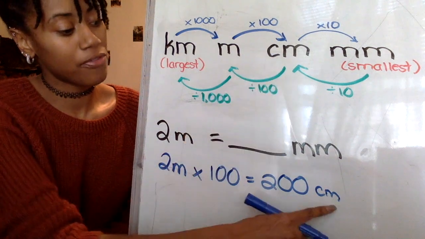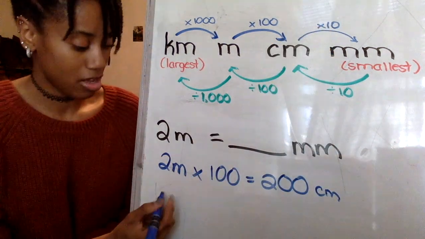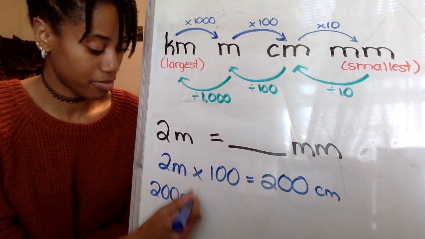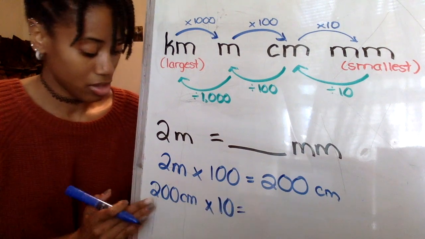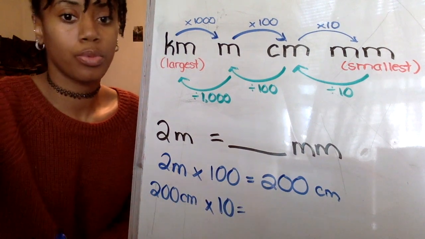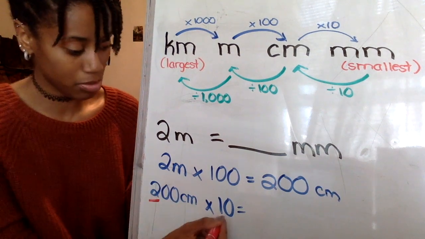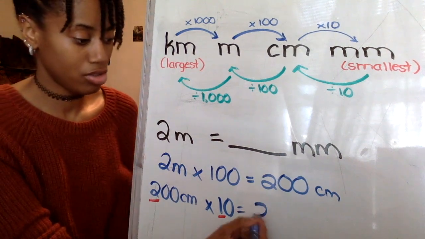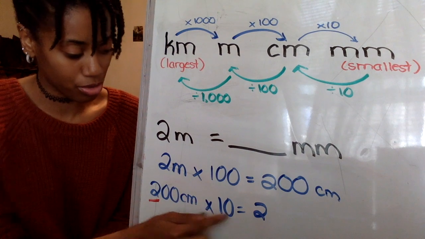Now to get from centimeters to millimeters, I need to multiply by 10. So I'm going to do 200 centimeters times 10. What we could do here is 2 times 1, which gives us 2, and then how many zeros are in this problem? 1, 2, 3.